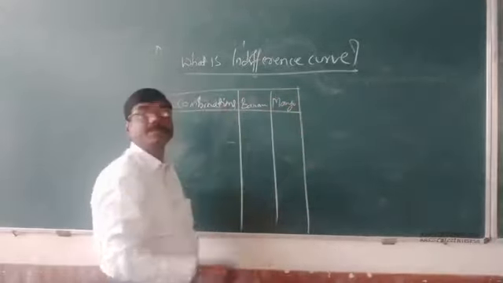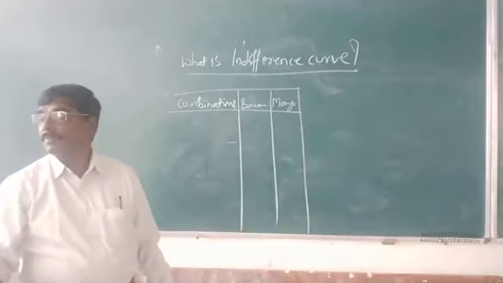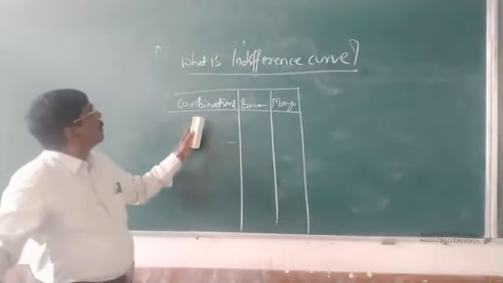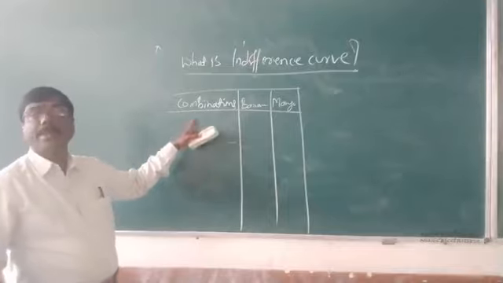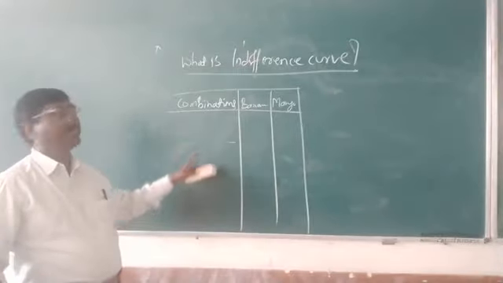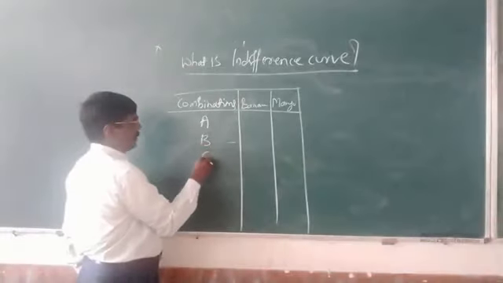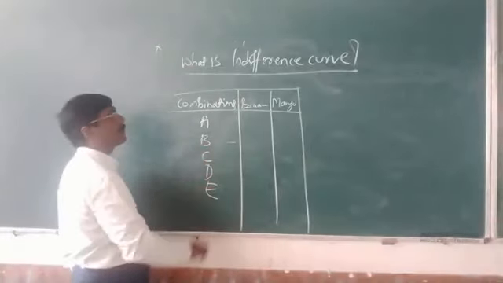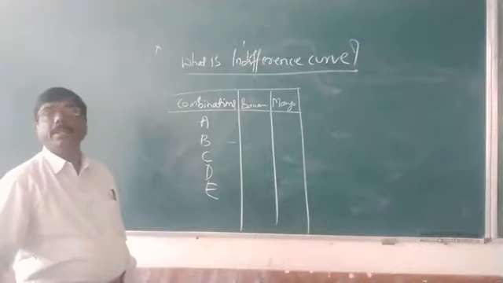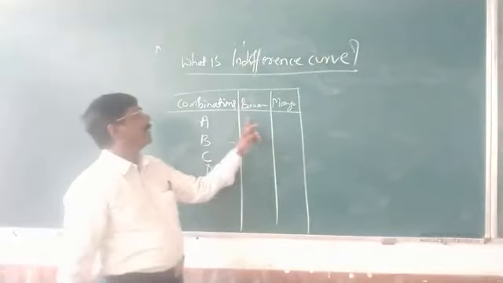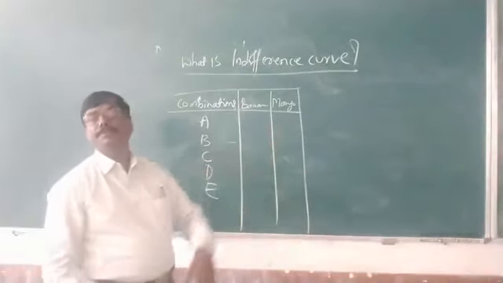And there are various combinations, say here A, B, C, D and E. Here our consumer is consuming banana and mango both.